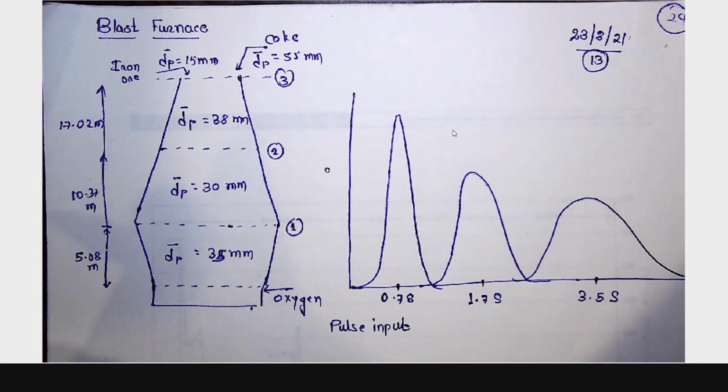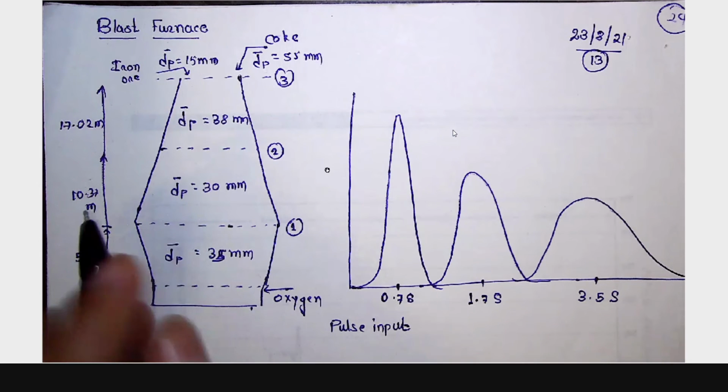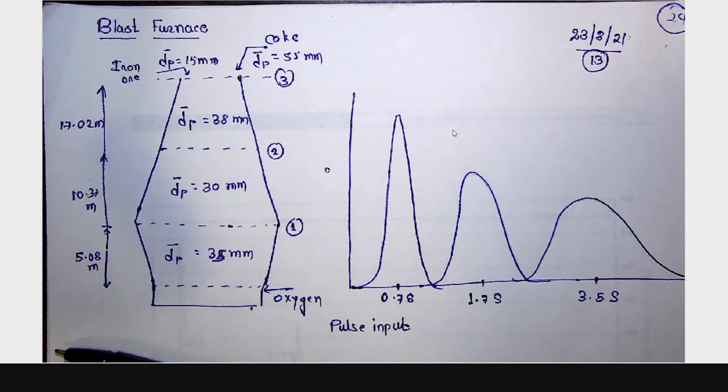Now, if you see the properties of that particular curve, which is on the page, that is figure 4 of chapter number 13.